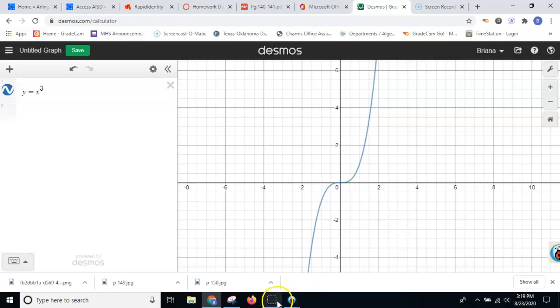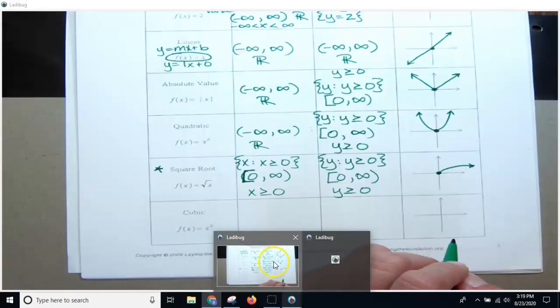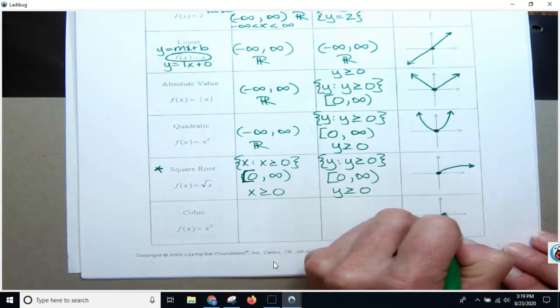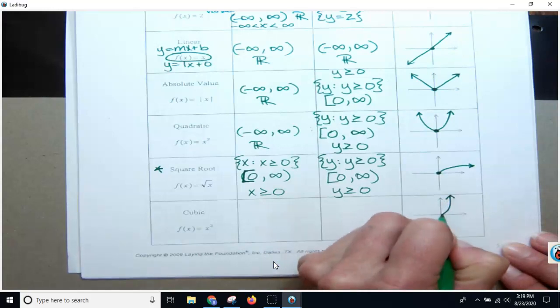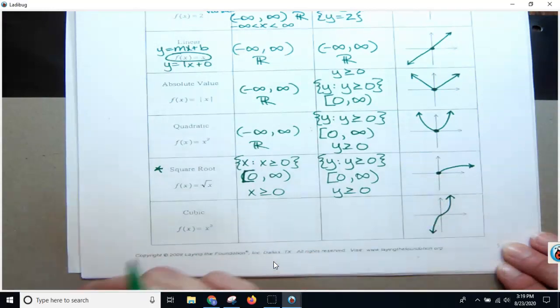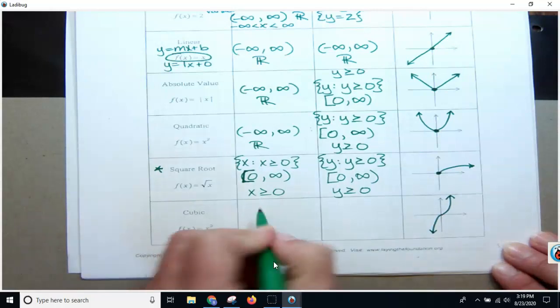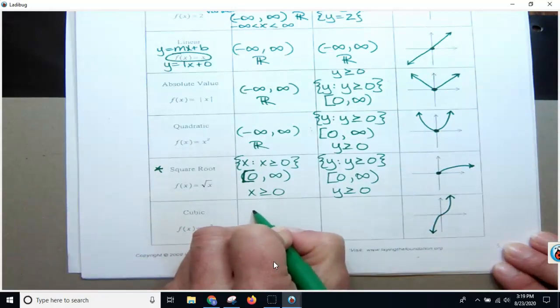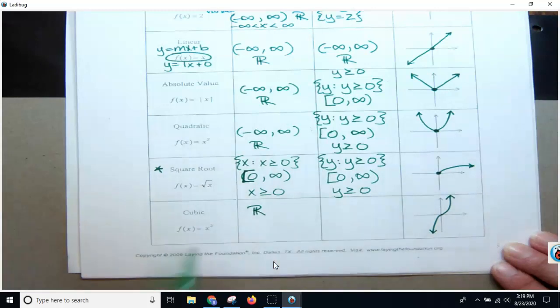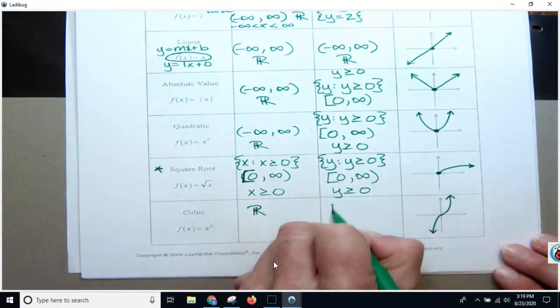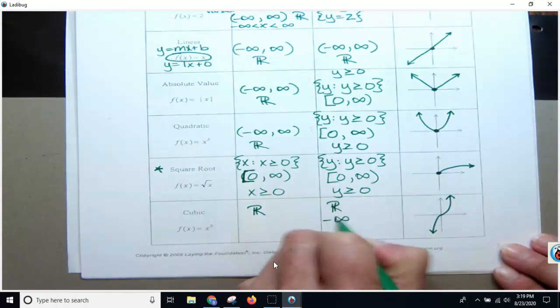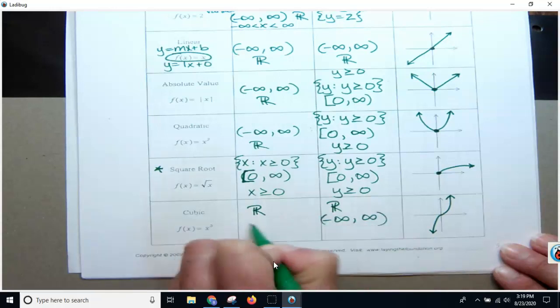So if I come back to my drawings, it looks like that. So again, my x is all real numbers because x is not under a square root and it is not in the denominator. My y in this case is also all real numbers, so negative infinity to infinity.